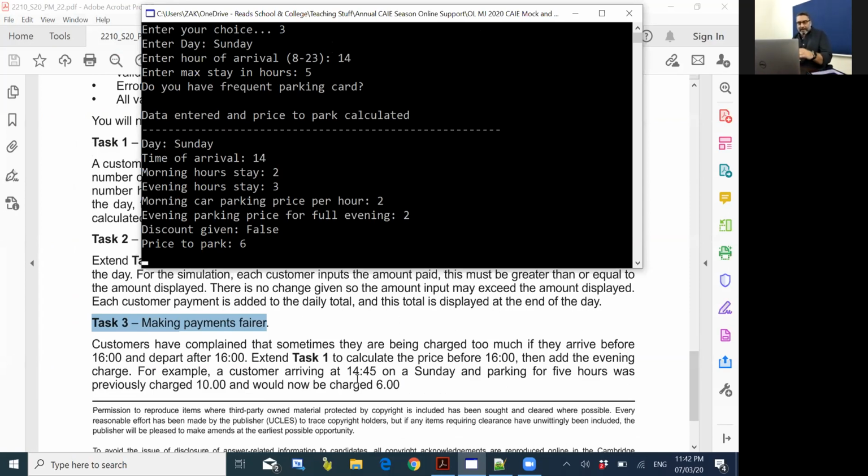So they are being charged 6: for 2 hours before 1600, from 14 to 16, at the rate of 2, it becomes 4, and 2 rupees for the evening hours, no matter that those evening hours were 3. That is what makes payments fairer.